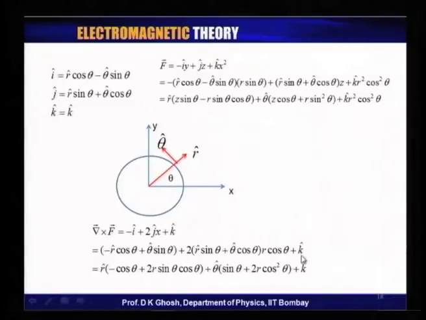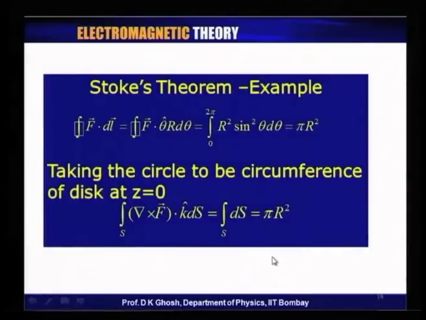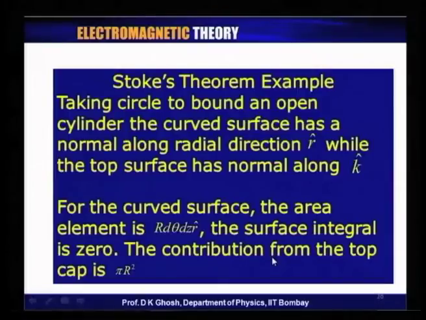So, as a result I get the same result pi r square there. Stands to reason, if you compute the integral of the curl from the curved surface, you will get it to be equal to 0. A little involved exercise, but do it, it will give you the confidence on the Stokes theorem.